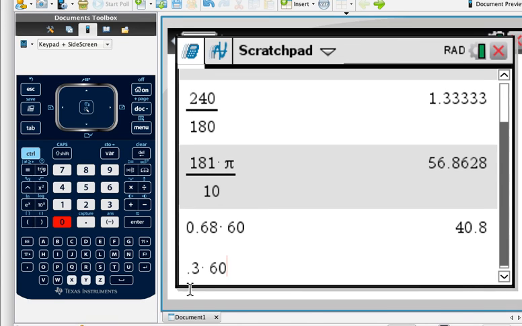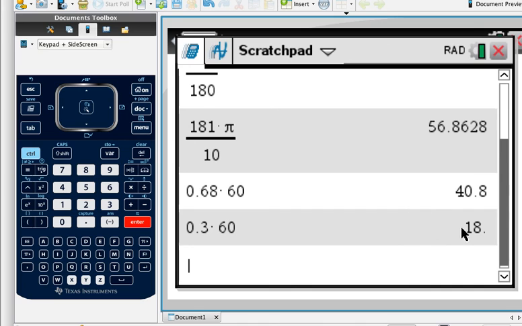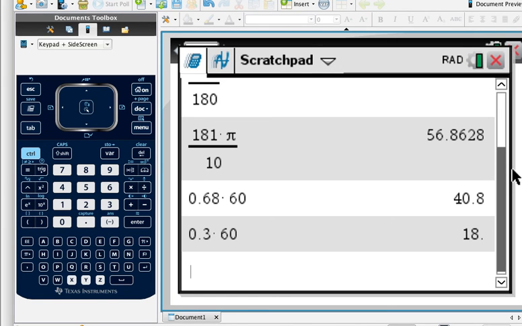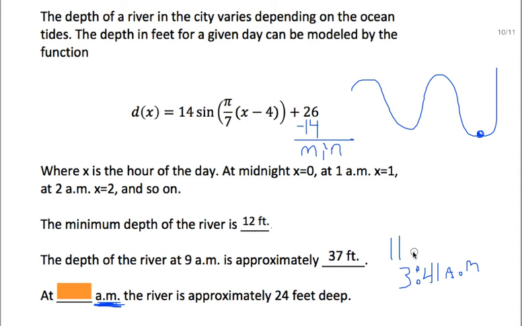I'm just taking my decimal and multiplying it by the number of minutes in an hour, and that's 18 minutes. So then I have one at 3:41 a.m. I'm going to be at 24 feet deep, and at 11, 11:18. So at 11:18, I'm also going to be at 24 feet deep.